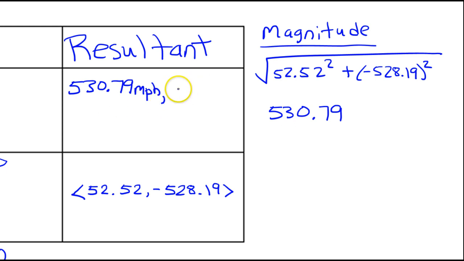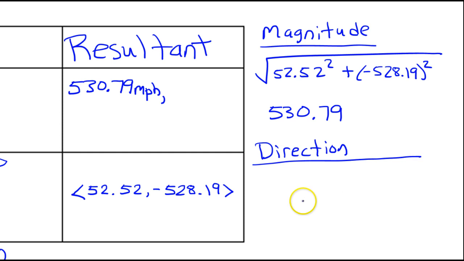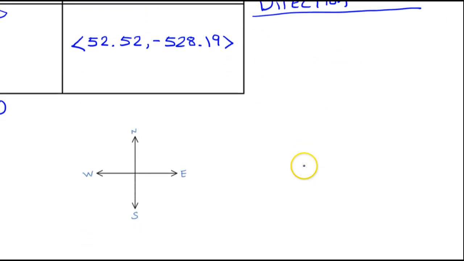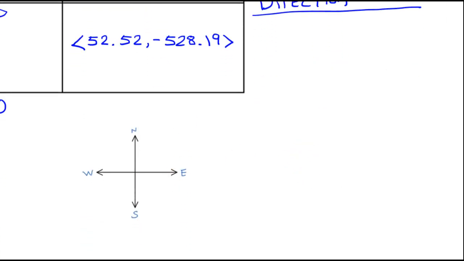Now let's go ahead and figure out the direction. For the direction, pay attention to what quadrant the vector is in. The horizontal component is positive, so that's to the right. The vertical component is negative, so that's down.